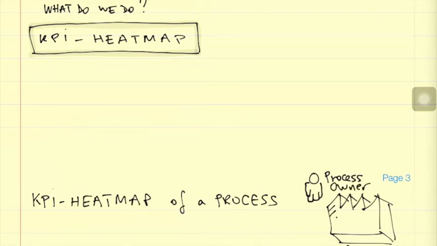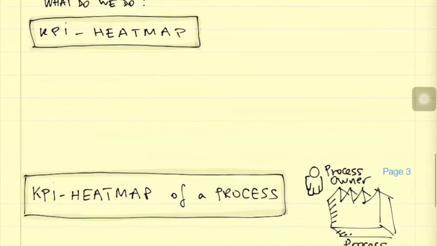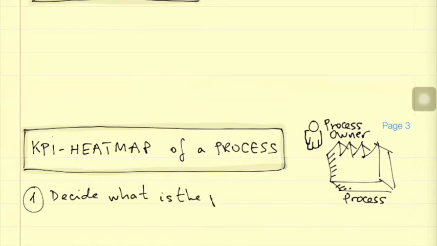Okay, factory manager, for instance. So when we have our process and our process owner defined, we have decided where we are going to create our management system and what do we want to measure. So the first step is to decide what is the process we want to understand.